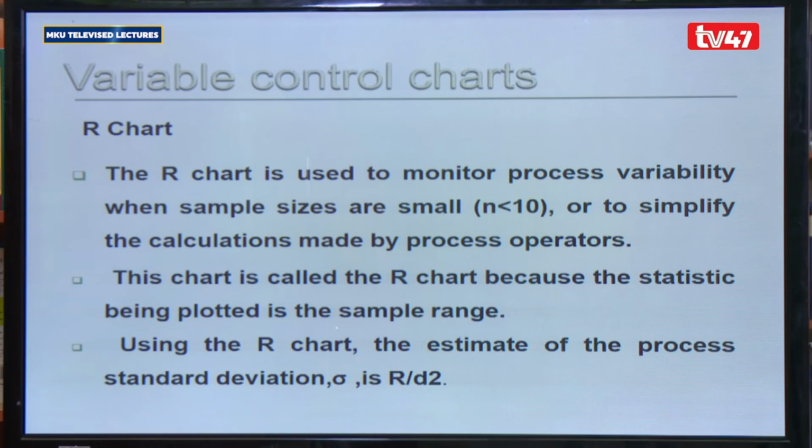This chart is called the R chart because the statistic being plotted is the sample range. Range is the difference between the highest and the lowest, or the difference between one variable and another.